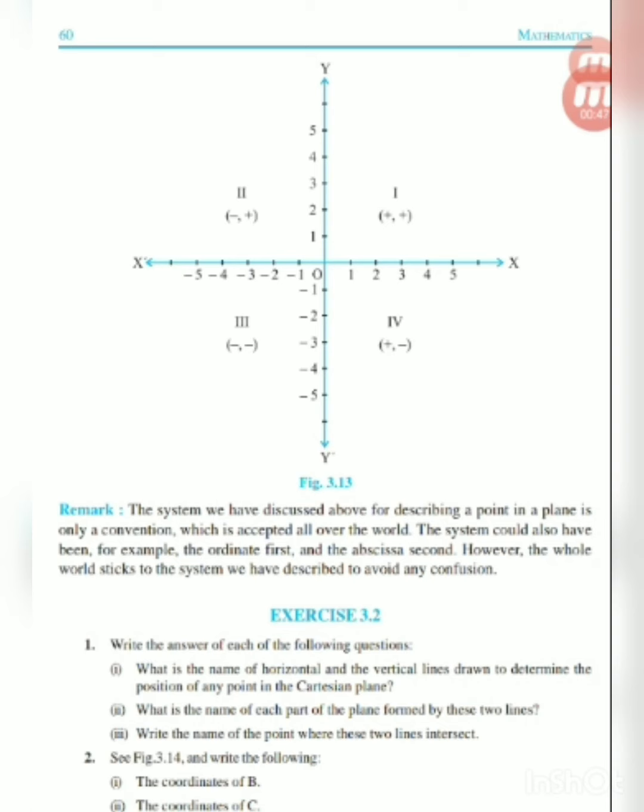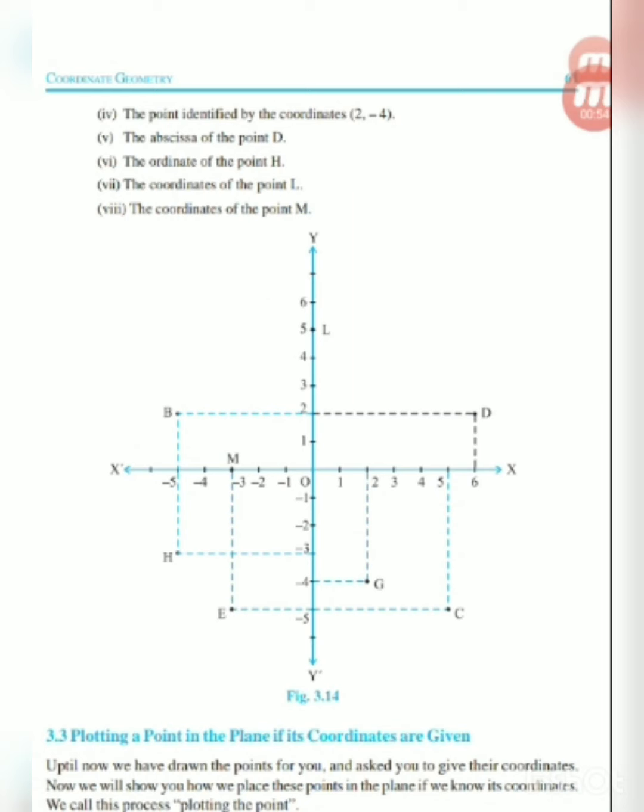The coordinate of B, the coordinate of C, the point identified by the coordinates -3, -5, the point identified by the coordinates 2, -4, the abscissa of the point D, the ordinate of the point H, the coordinate of the point L, and the coordinate of the point M. Here the figure 3.14 is given with the points. According to the points, you have to write the answers to the given questions.